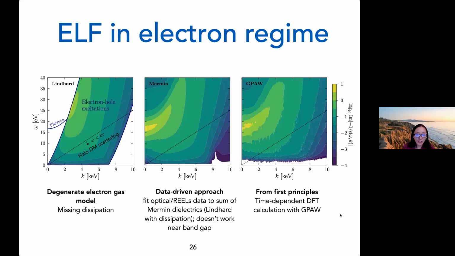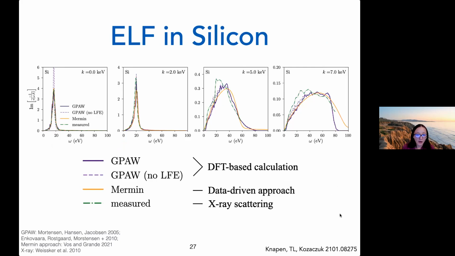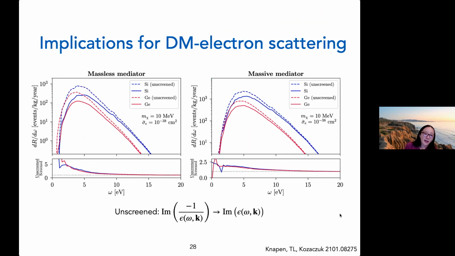And once you use it, now we can calculate the rate. Here the left and right side are different mediator limits. The solid line is the rate that we obtain using this energy loss function that we calculated.